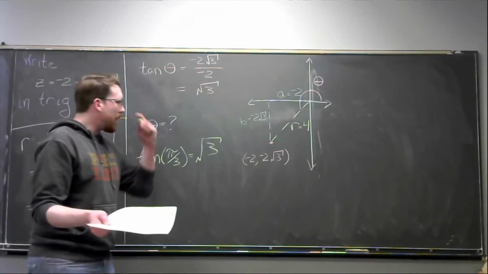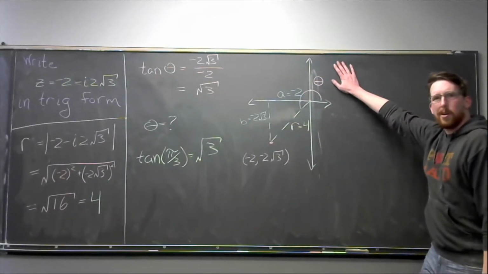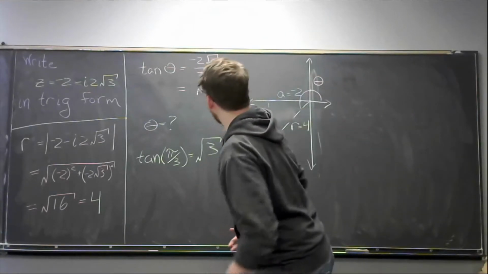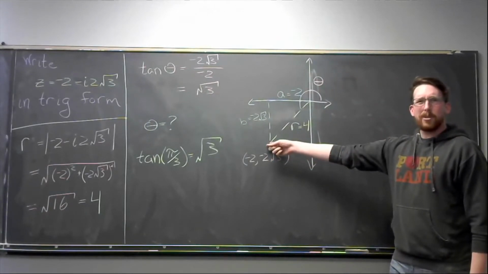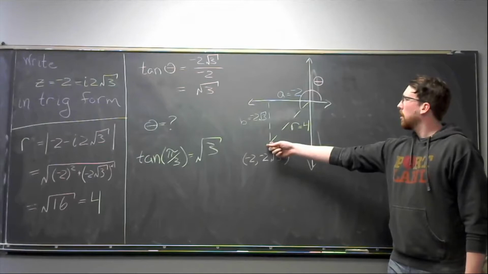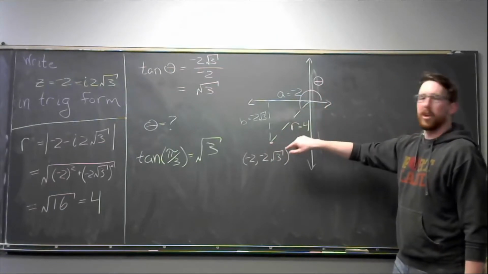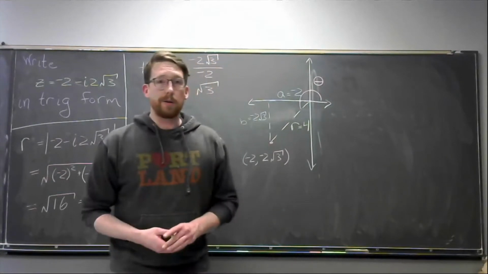But if we look at where that is, that's over here. And if we look at where the graph puts us, our complex number is down here. So where are we? Like, what is this angle then? Well, tangent's pi periodic, right?